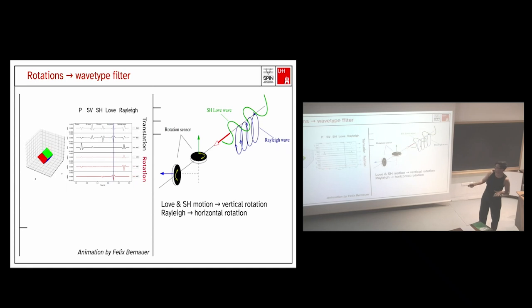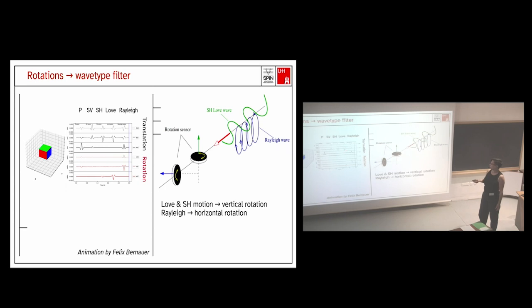As the P wave goes by, you see that you have some translation motion, but you don't have any associated rotation, or you shouldn't really, because it's just a compressional wave. There's no curl involved. For the SV and SH waves, you have a bit of associated rotation. As soon as you have shear, you have some rotation in there.